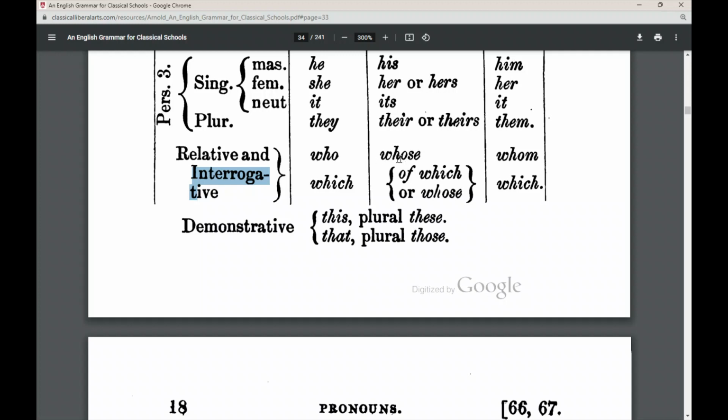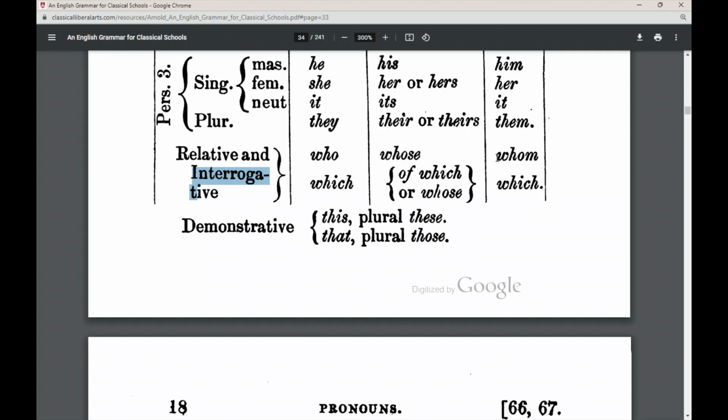We see in the genitive case, whose is used for who, and for which, we see of which or whose. So even though who doesn't refer to the neuter person, whose is still used to serve as the genitive case for which.